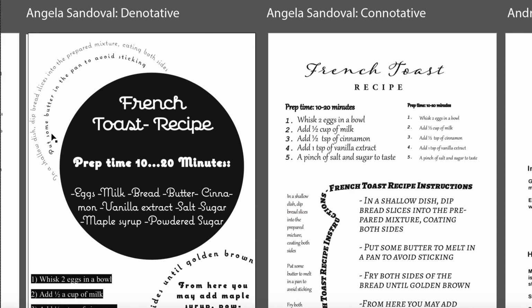Like, I like how you've done the title here, or I'm sorry, the body copy. So put some butter in the pan to avoid sticking, and then in a shallow dish, dip bread slices in, and then prepared mixture, both sides. All right. So I like how you've done this font treatment here.